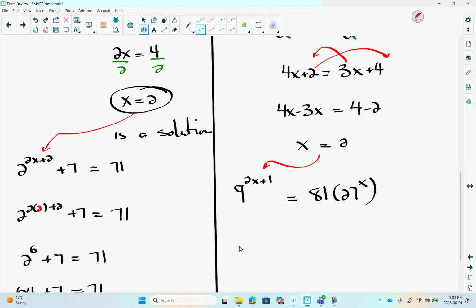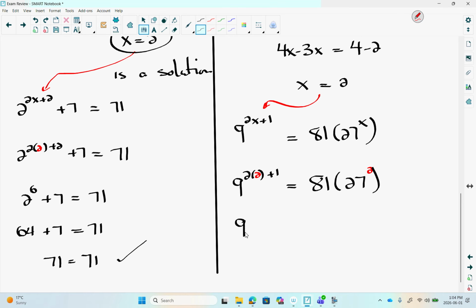This becomes 9 to the power of 2 times 2 plus 1. This is going to be 81 times 27 squared. This becomes 9 to the 5th. 2 2s are 4, plus 1 is 5.